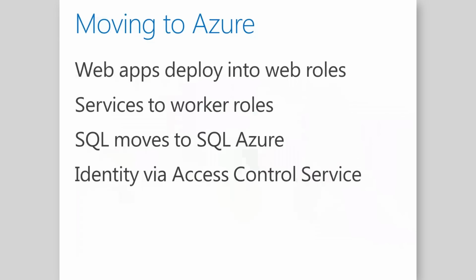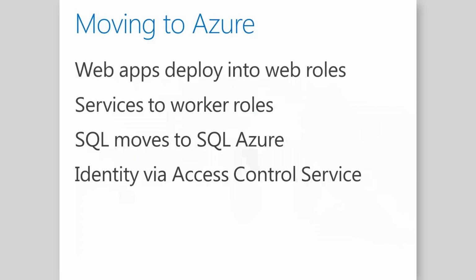So if you're using Windows authentication, you've got to put a piece in there to allow you to do translation from your Windows authentication into a SQL authentication method. And thirdly, SQL Azure doesn't have a concept of four-part database object names, and so if you're using multiple schemas in SQL Server, you need to re-architect your databases.